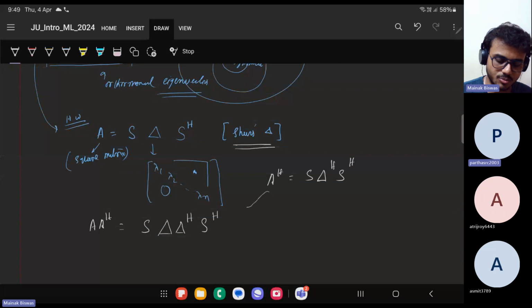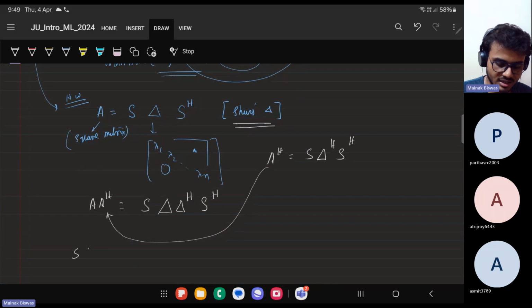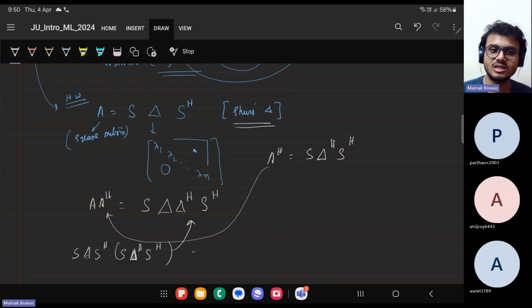So I'm going to put the value of A Hermitian over here. So what do I get? I get S delta Hermitian S Hermitian. Yes or no? So I get this. Yes or no? Okay?